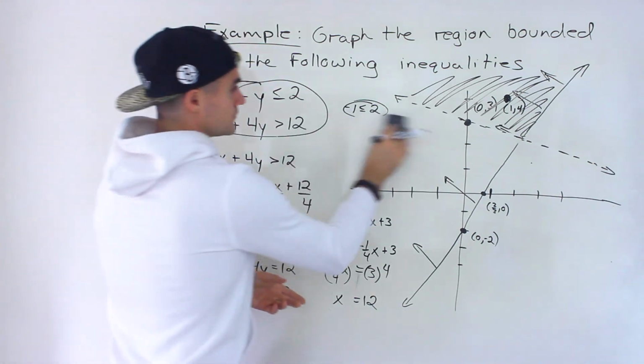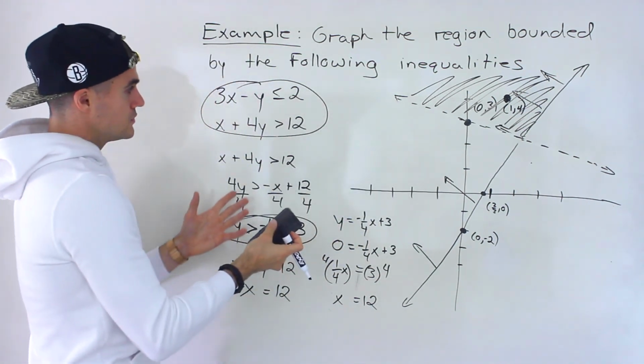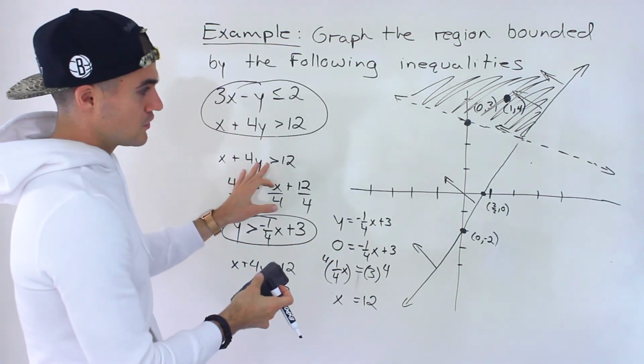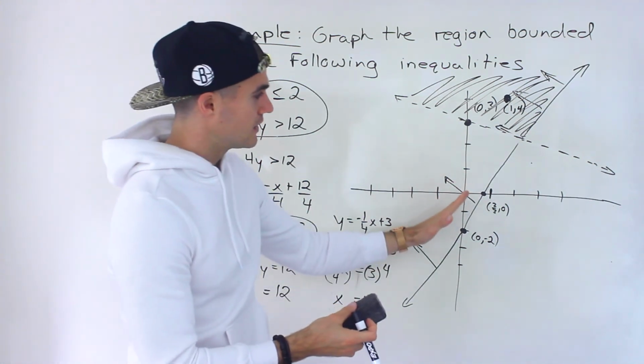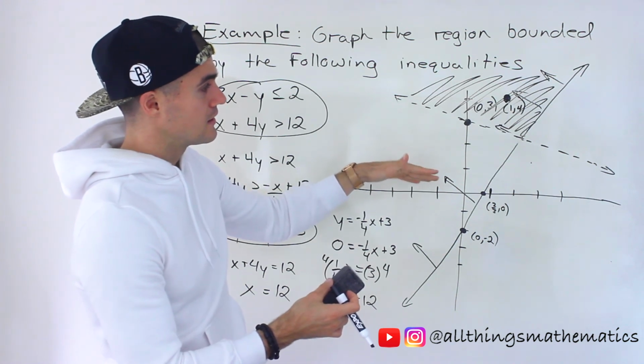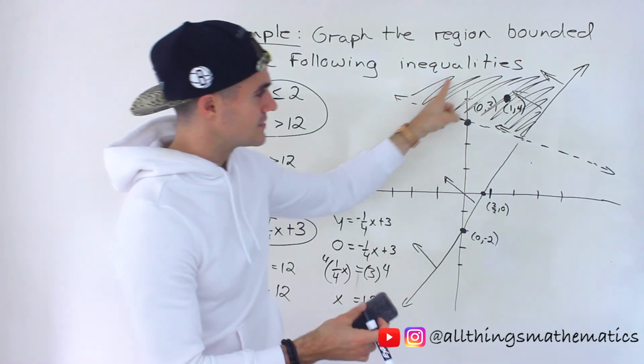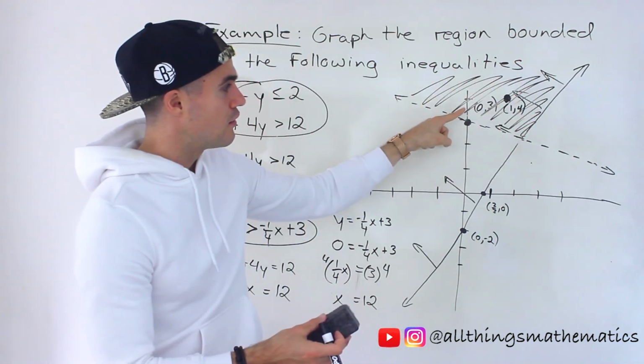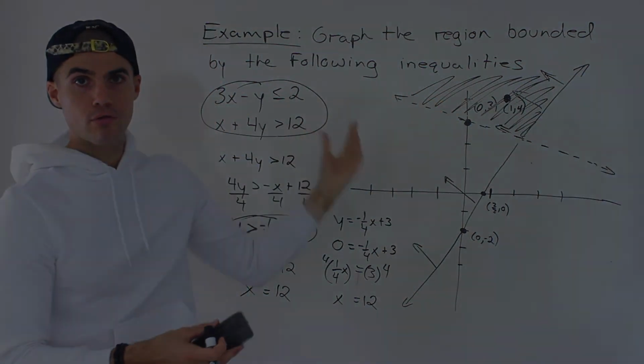All right, so the way I do this, I work with each separately first. I don't fully shade it in just to leave myself some room for the second line. Then once I graph both lines, I kind of just find that region that is shared by both inequalities.